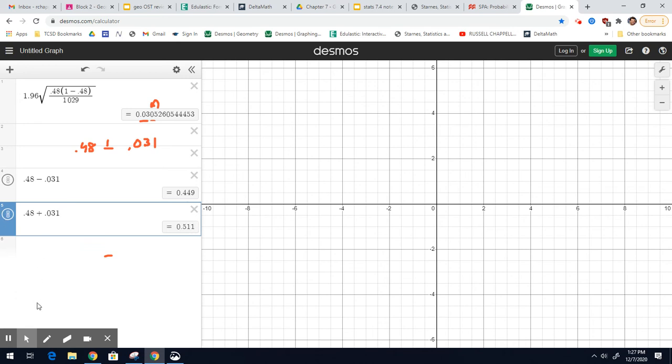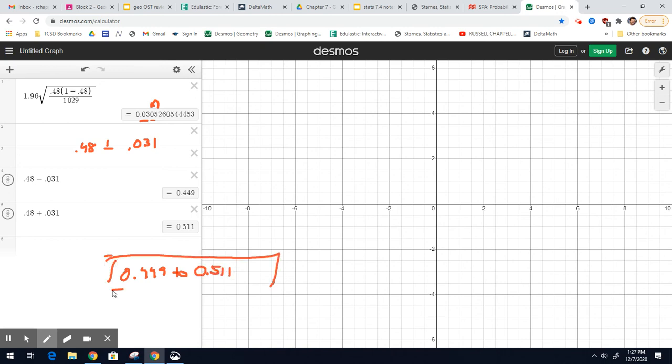So my interval for my population proportion is going to be between 0.449 to 0.511. Again, about 45% to about 51%. Okay, so that's the end of the do. And now we're going to go back to the slideshow and do the conclusion.